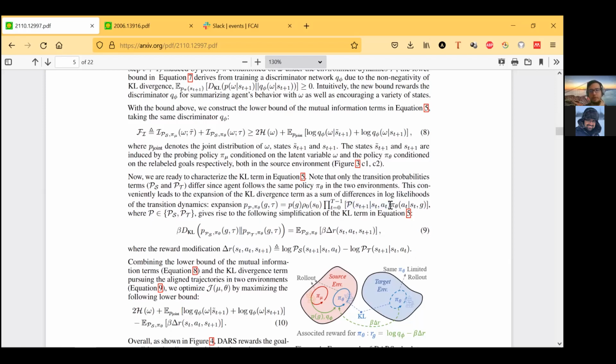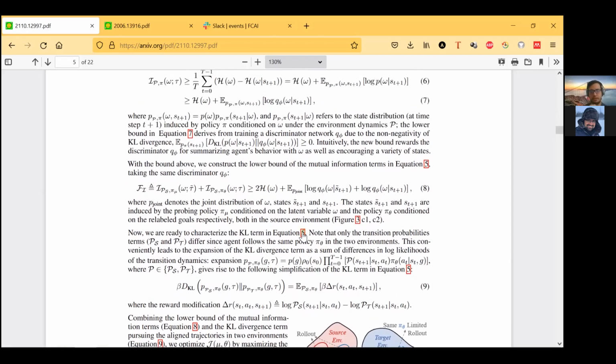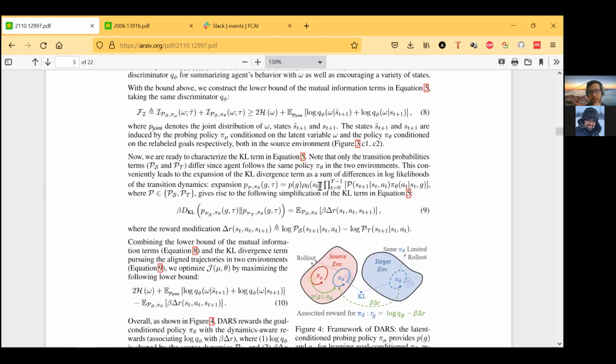So when you compute the KL, the part of the KL that is the log of the ratio between trajectories generated in the source and in the target, all these things will cancel out, and you will only have this part that remains.